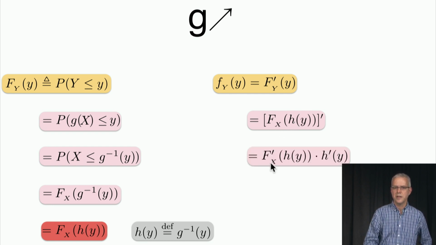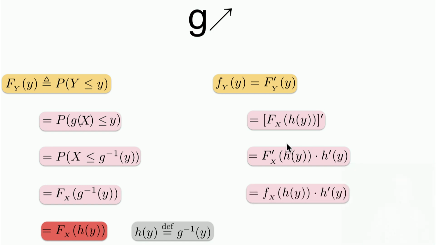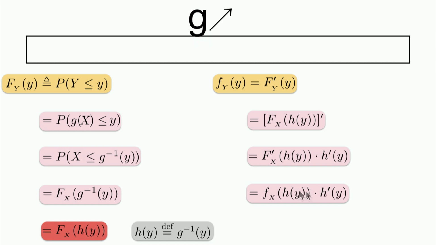So it's f of h of y multiplied by the internal derivative, which is h prime of y. The derivative of F of h of y is just the PDF of x at h of y, and then we still have this internal derivative.